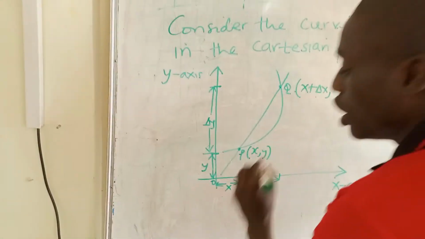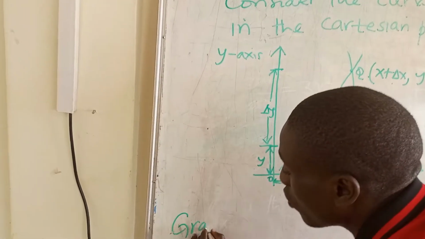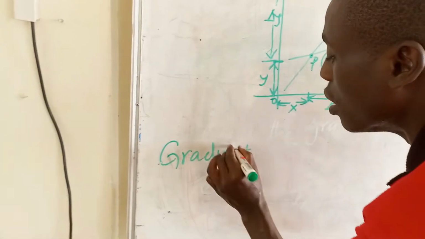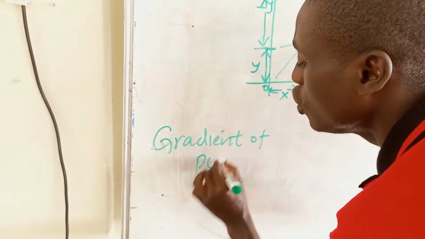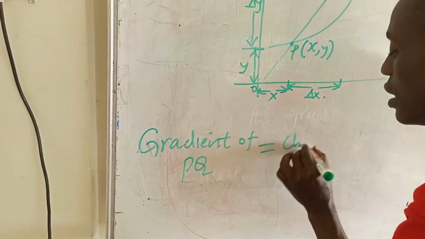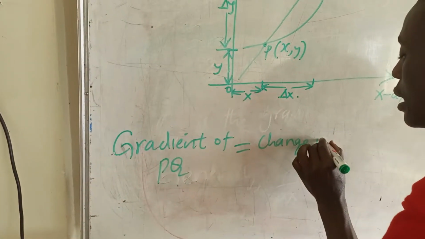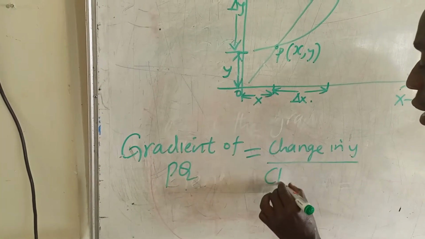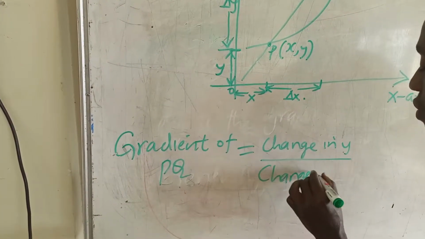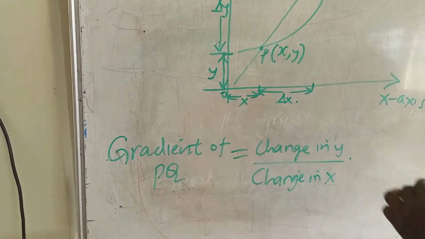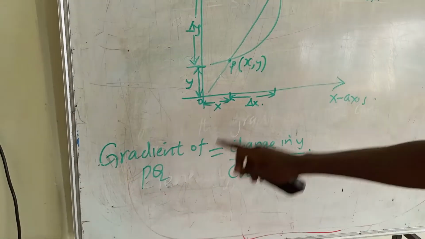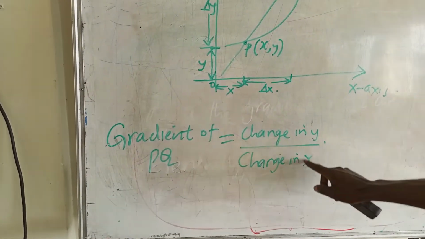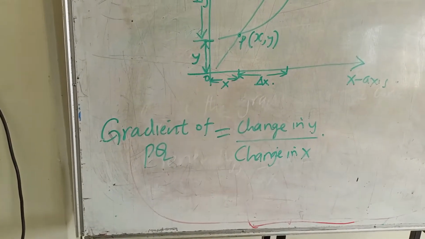Therefore, we say gradient of PQ is equal to change in y divided by change in x.